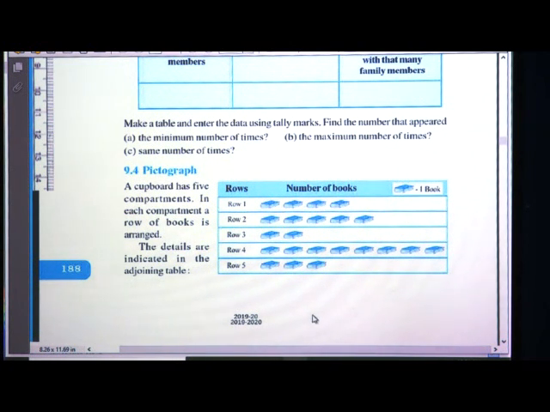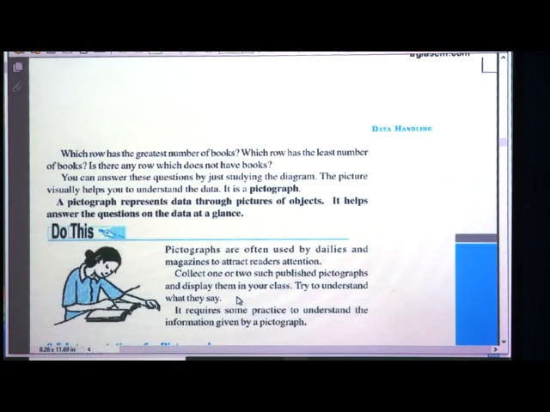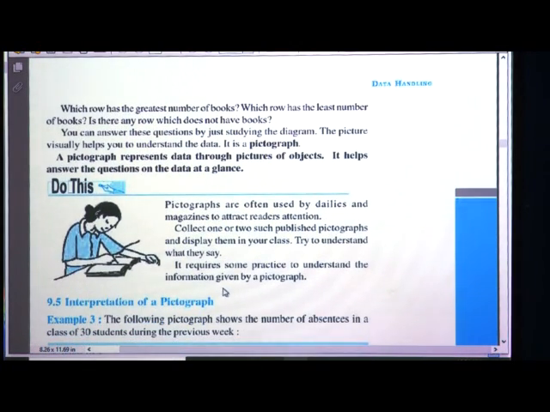So, in this way we can visually find out the greatest number of books and the least number of books. The picture visually helps you to understand the data. It is a pictograph. A pictograph represents data through pictures of objects. It helps answer questions on the data at a glance.